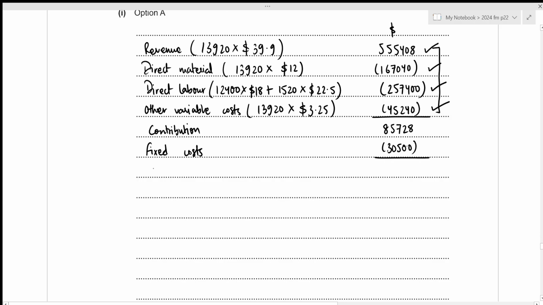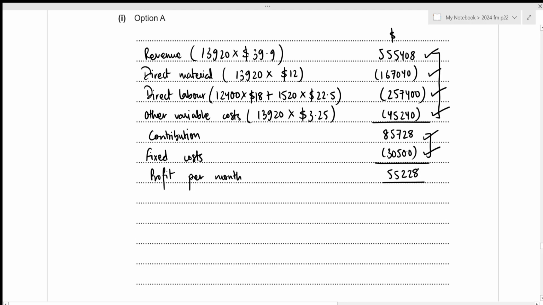Now we can get our profit per month. So that is going to be 85,728 minus 30,500, which results in 55,228. That is all for option A.